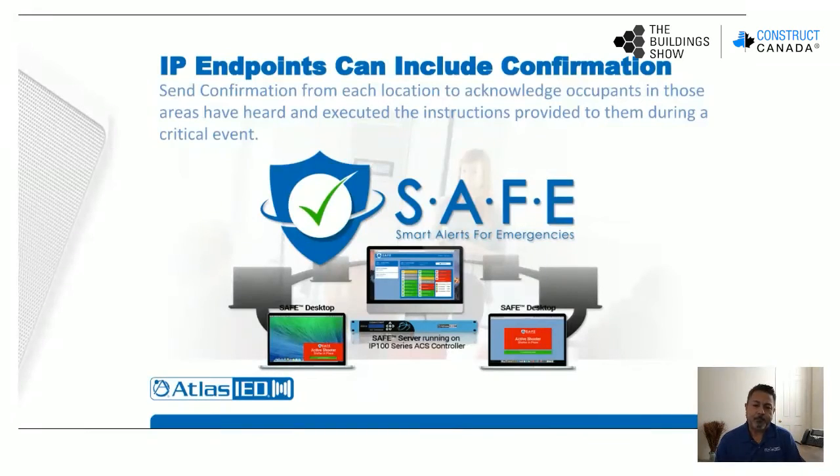By using the IP endpoints, the unified communications ecosystem and the software application partners, there are several means to provide confirmation to authorized personnel that occupants have received, heard and followed the instructions given to them. These are plugins that provide confirmation in these ecosystems.